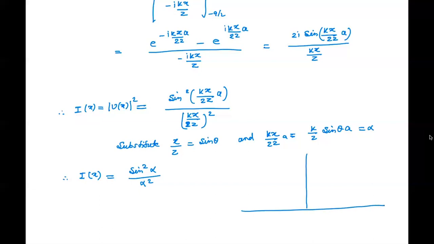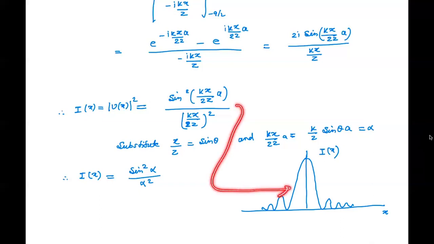As a function of x, it will look something like this. This doesn't go negative because I'm plotting the intensity. If I plot the amplitude, then it will go negative as well. Okay. So this is the diffraction pattern due to a single slit. Of course, you should plot it yourself to verify, but you can believe me on this.